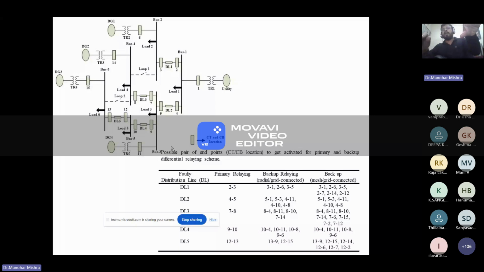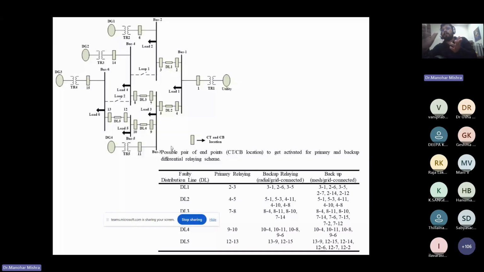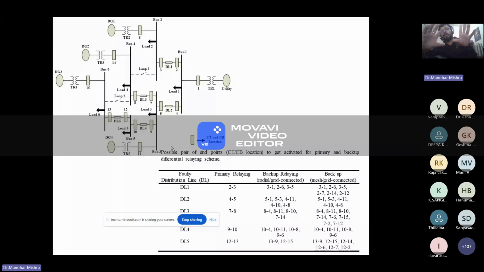Similarly for line 2, line 3, line 4, and line 5. If it is a mesh connection or loop-like structure, then obviously our nodes will increase, so at that time we collect data from a wider spread.